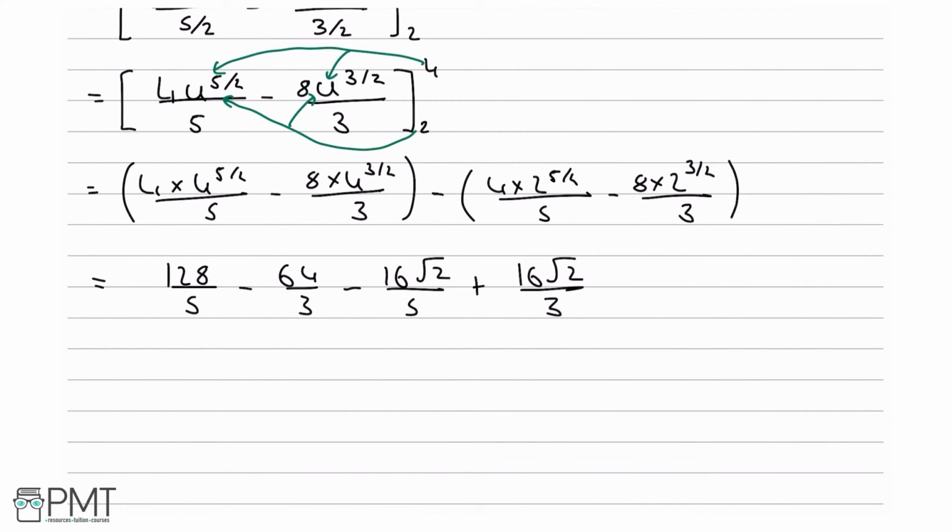Summing all these together, you will end up with 64 plus 32 root 2 over 15.